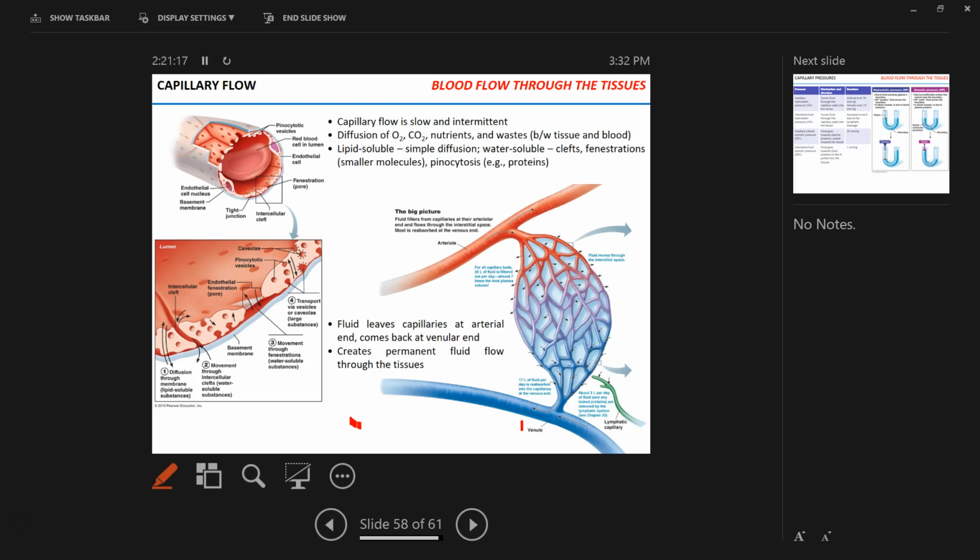I don't want to say water, because it's more than water, it's fluid, okay? Fluid leaves capillaries and goes back into them. And I'm going to make a very strong statement, which I'm going to prove to you, that fluid leaves capillaries and goes into the tissues on the arterial end and comes back to capillaries on the venular end. Does that make sense so far? Okay, there is a flow out and back.